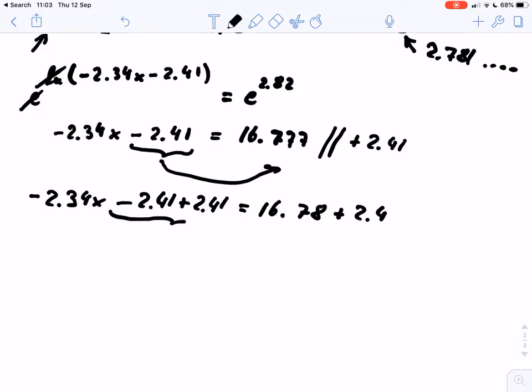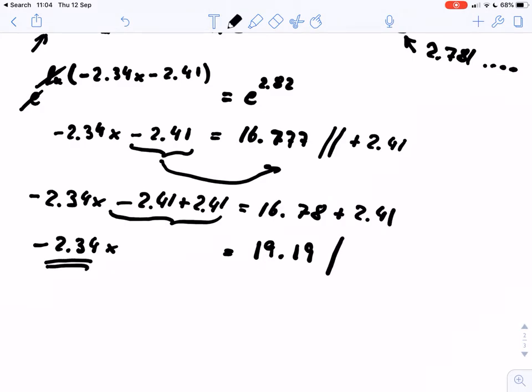So the effect is this one here is eliminated, and I've got minus 2.34x equals 16.78 plus 2.41. I can certainly do that without a calculator, but to be on the safe side, so that gives us 19.19.